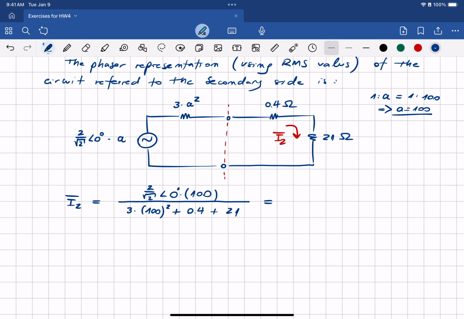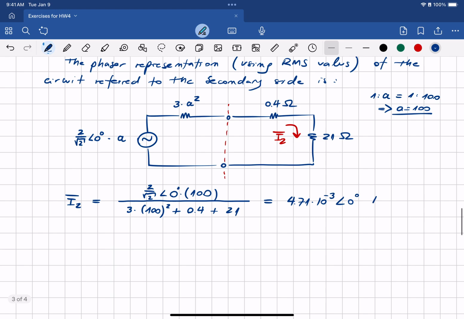And what do we get from this? Based on my results, it should be 4.71 times 10 to the minus 3 angle 0 amps. It's a resistive circuit, so we don't have any angular displacement here.